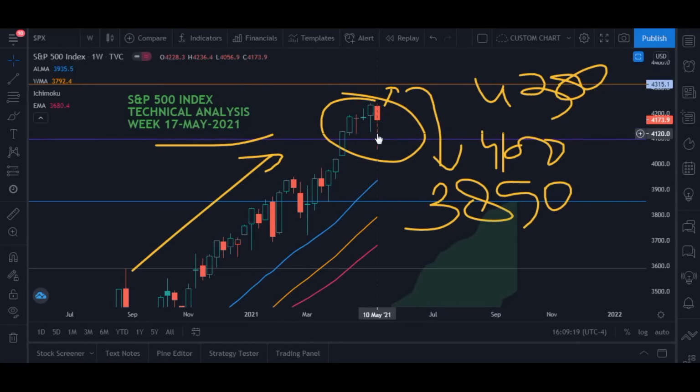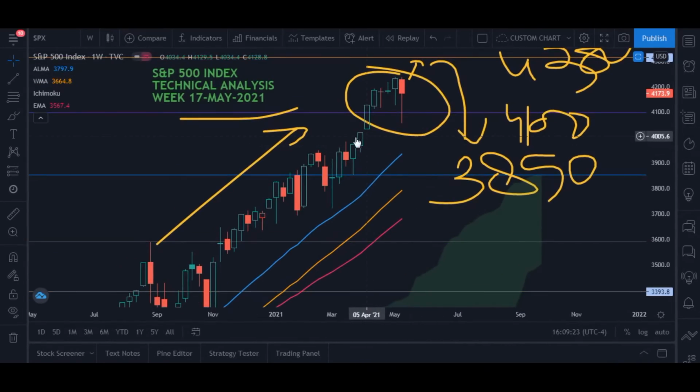The market was supposed to enter into a correction, in the S&P 500 index, of 500 to 700 points, like 600 points, but the market did not.